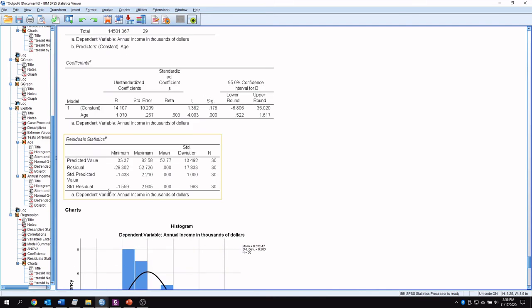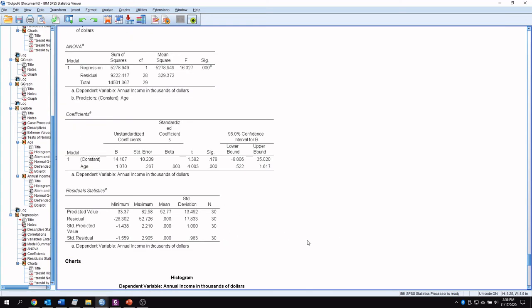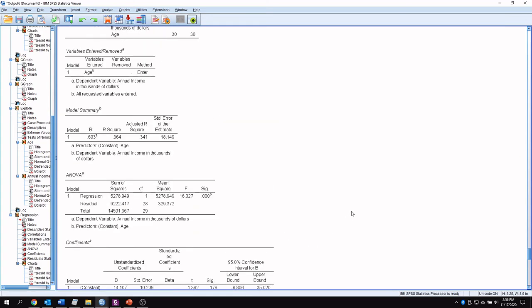And again, we see that our standard residuals are between -3 and 3. So that's good news. Okay, now we're going to look at the meat of our data, which is going to be our ANOVA, our model summary, and our coefficients table.